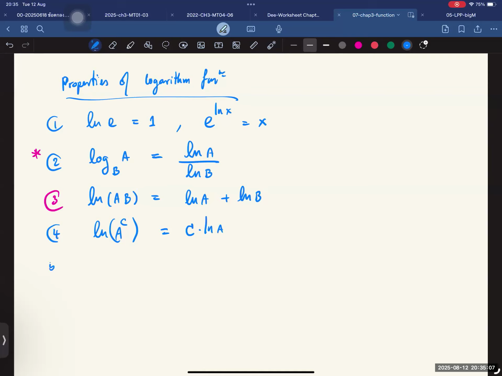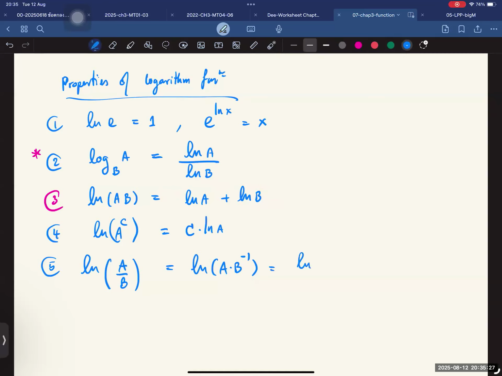From these two, let's look at the natural log of a divided by b. This is the same as log of a times b to the power of minus 1, right? And we can use property number 3. This is a product between a and b to the minus 1.